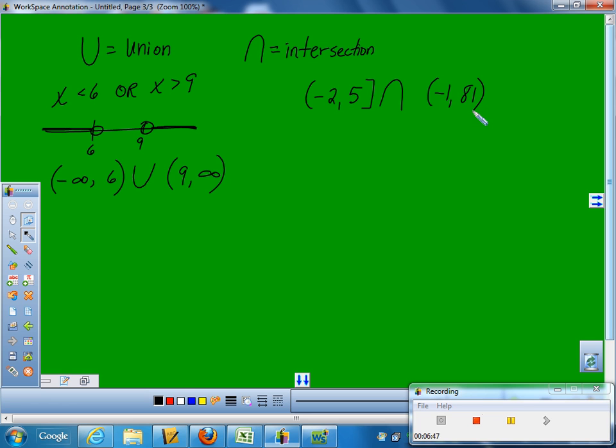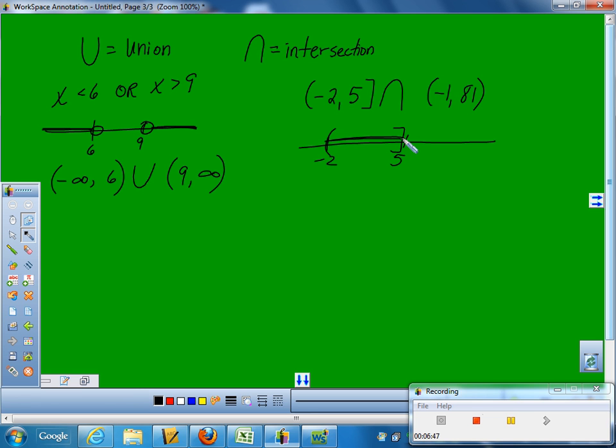I'm saying, I want you to do an intersection of these two things. If there's an intersection, it means you have to figure out where do they cross. -1 to 5. Some of them you can visualize, but if you want to graph it out on a number line, it works.